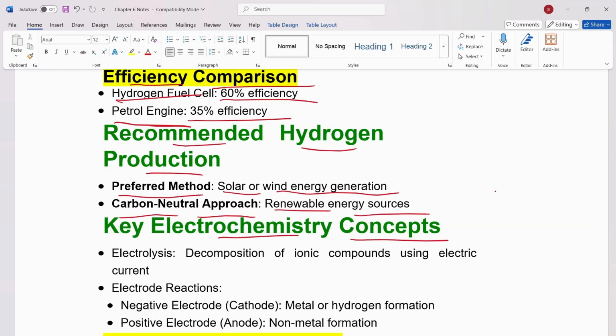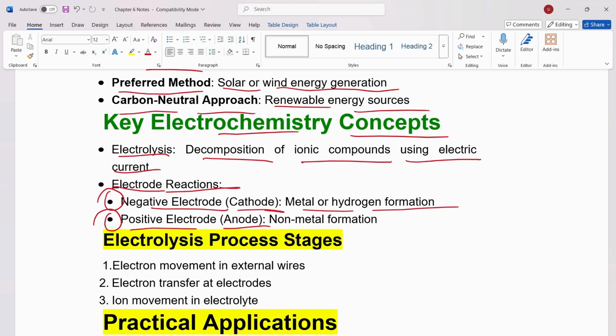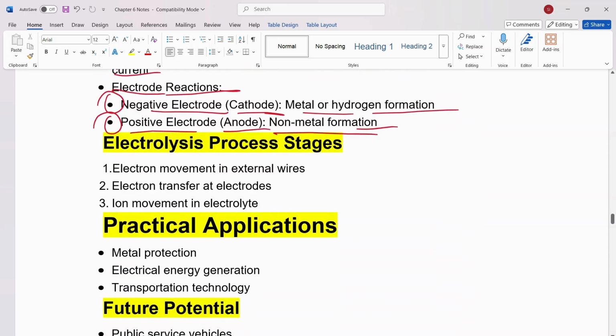Key electrochemistry concepts now: electrolysis is the decomposition of an ionic compound using electric current. Electrode reactions: the negative electrode is the cathode, where metal or hydrogen forms, and the positive electrode is the anode, where non-metal formation occurs.